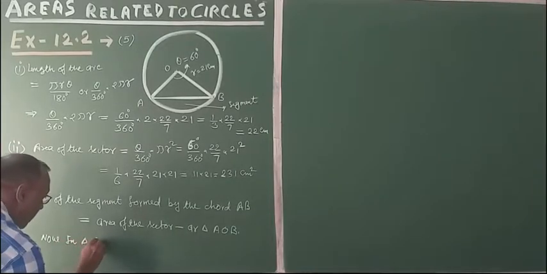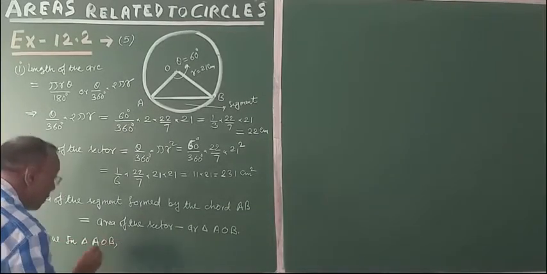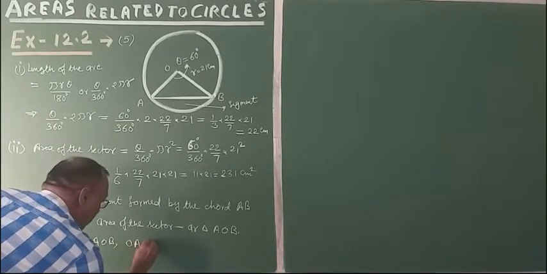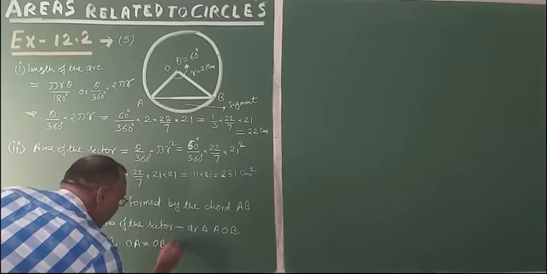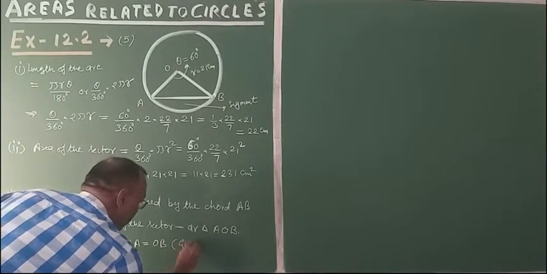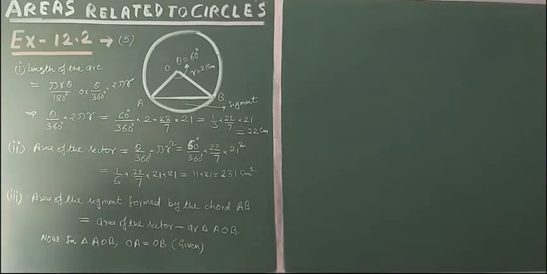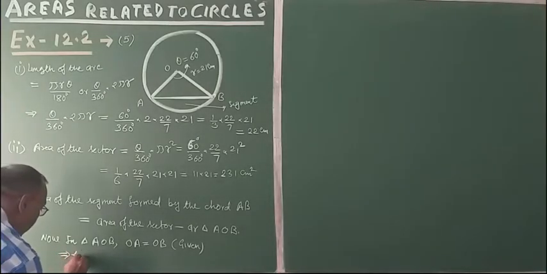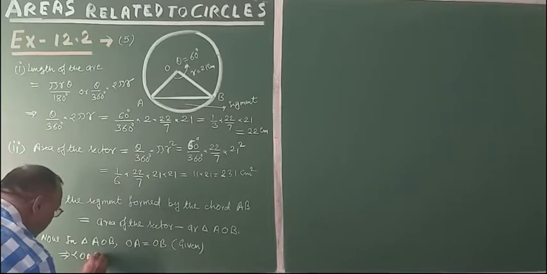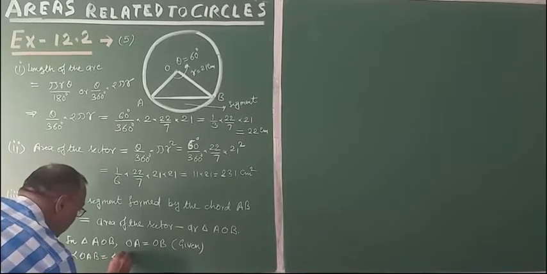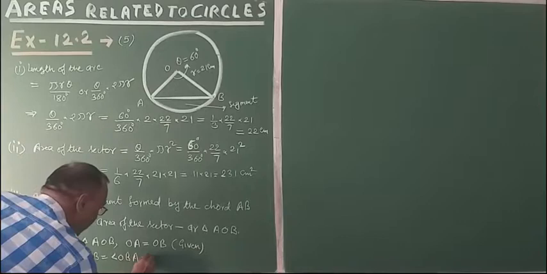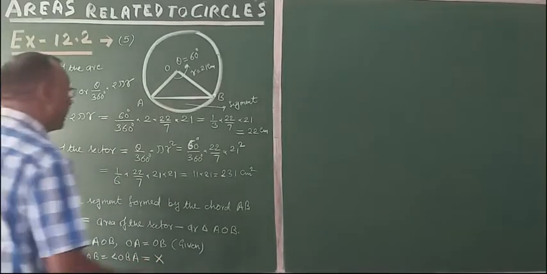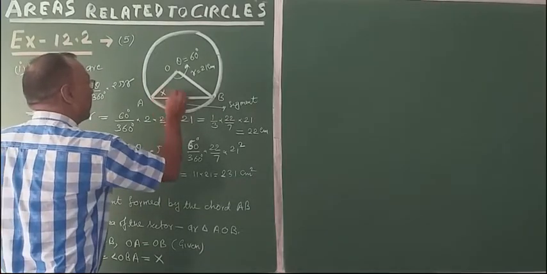In triangle AOB, you are given OA is equal to OB. Therefore, angle OAB will be equal to angle OBA. Let it be X. Both angles will be equal to X.